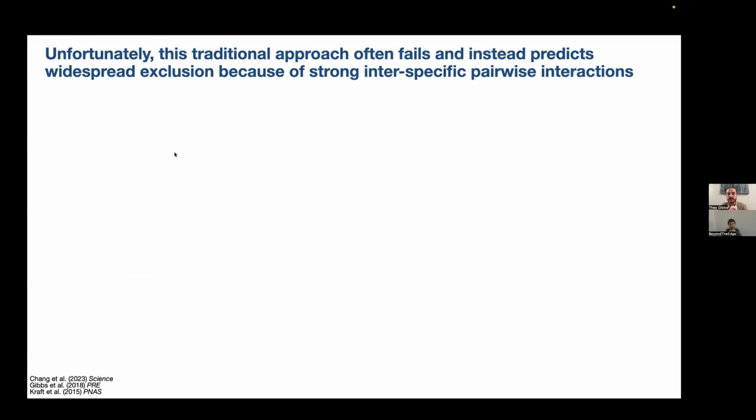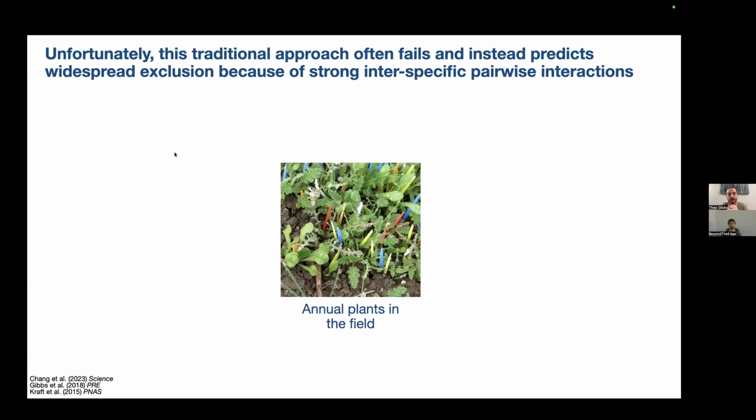Unfortunately, this traditional approach often fails and instead predicts widespread exclusions because of strong interspecific pairwise interactions between the species. There's been a long tradition of work using annual plants in the field, sometimes in Southern California, but there are now many different geographic areas where these experiments have been done.